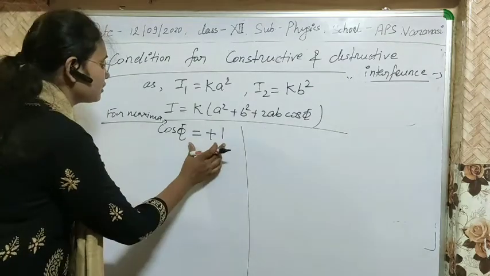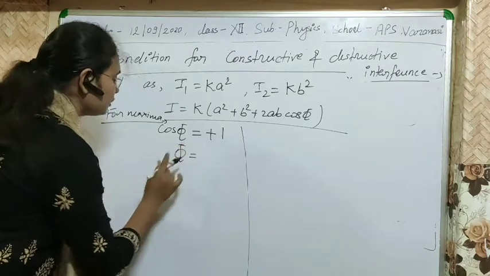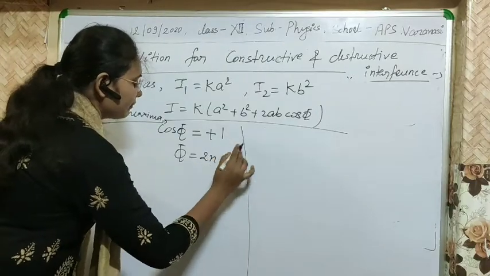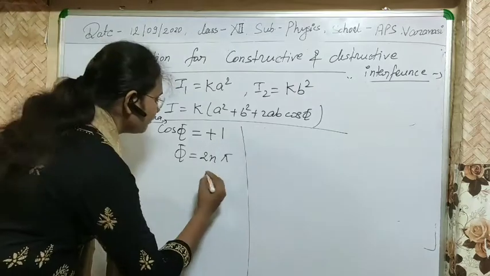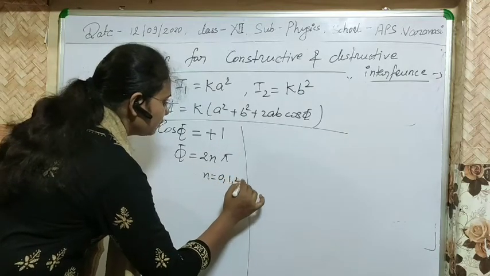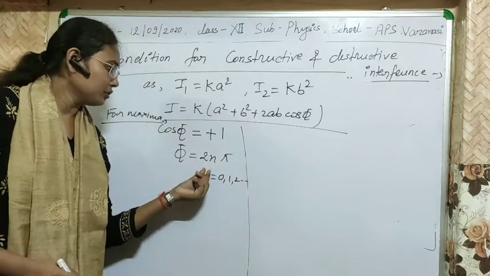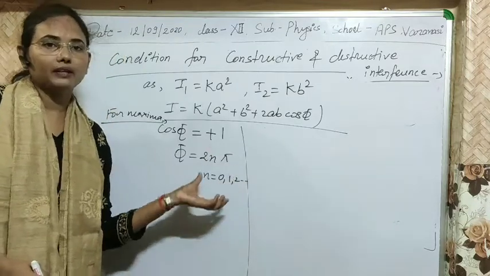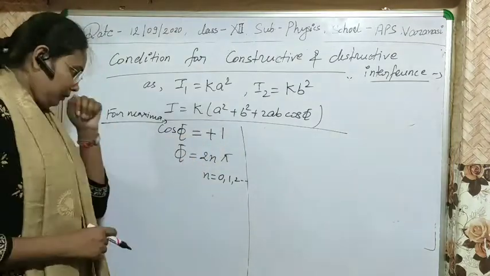So for maximum, cos phi equal to plus 1, or if you put the general value of phi, then it will come to be 2n pi. Clear? Where the value of n is 0, 1, 2 and so on. Means for the value of 0, for the value of 2 pi, for the value of 4 pi, 6 pi, the value of cos phi is plus 1.